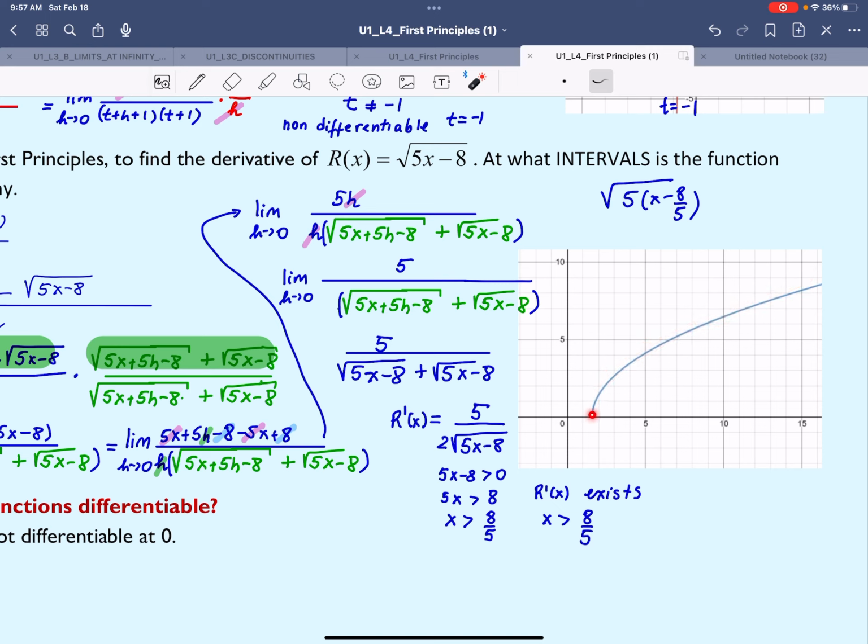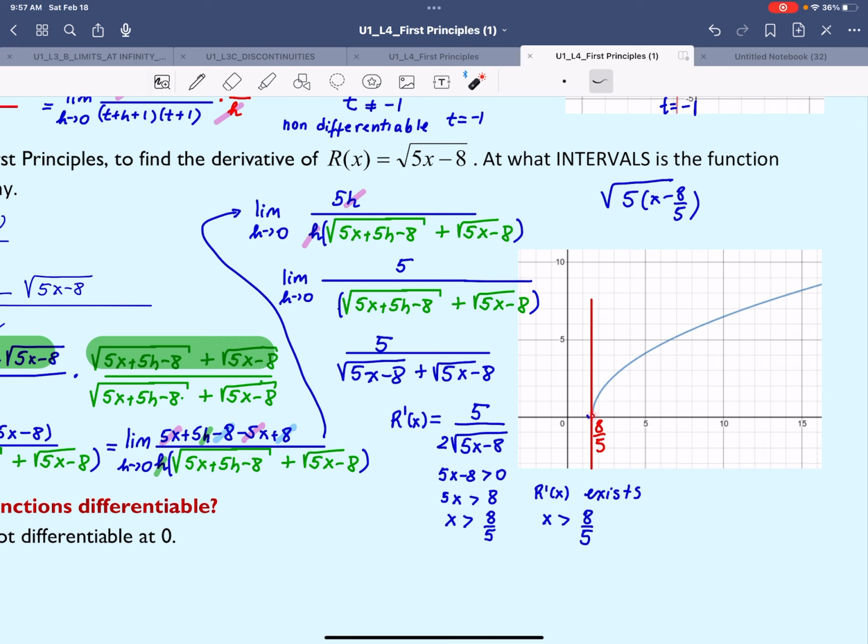So as you can see, at exactly 8 over 5, which is the starting point on the graph, if you were to draw the tangent line, it will be a vertical line. So the slope of a vertical line is undefined, and that's what we actually obtained from the algebraic solution.